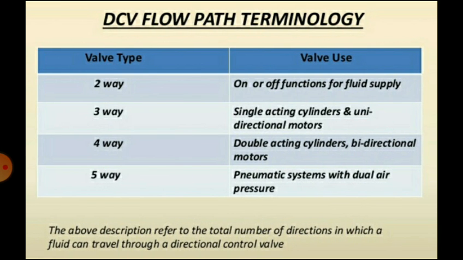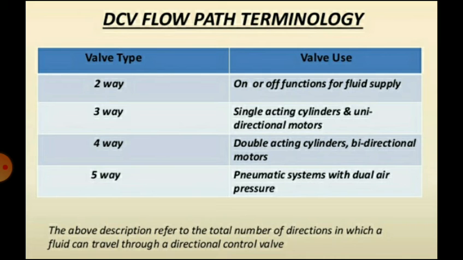So, direction control valve flow path terminology. Two-way valve: on or off functions for fluid supply. So the use of the valve is given. Then three-way valve: single acting cylinders and unidirectional motors. Four-way valve: that is used for double acting cylinders and bidirectional motors.